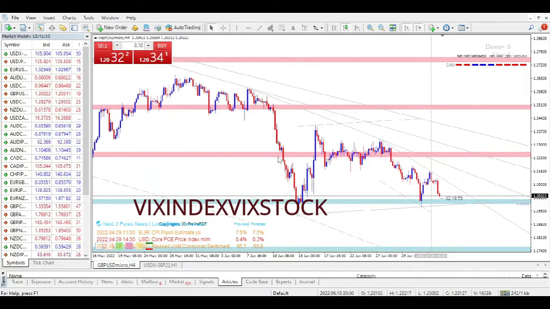If your account cannot handle that kind of drawdown, why are you keeping that trade open? It's just going to come in and blow your account. So understand your drawdown, and understand the margin that you still have with that account.